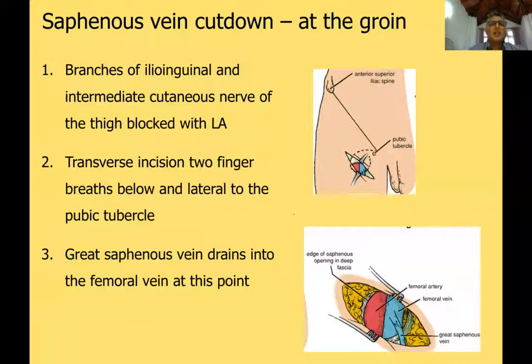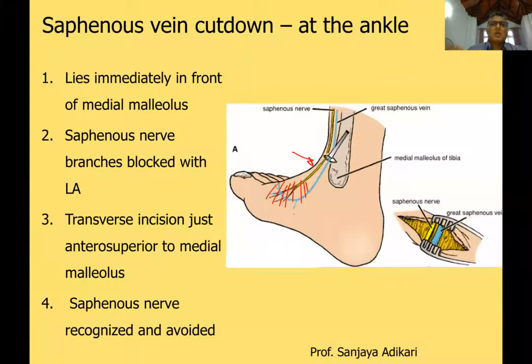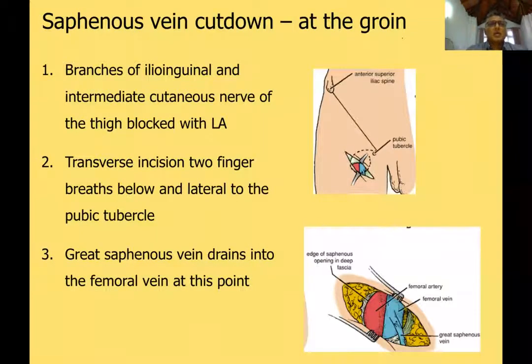Then if the saphenous vein cut down at the ankle fails, you can go for saphenous vein cut down at the groin. Whether you have to fail the previous one or not, I'm not very sure about. But anyway, you can do saphenous vein cut down at the groin at the saphenofemoral junction. Now, that is slightly medial to the point at which you do the femoral vein catheterization.